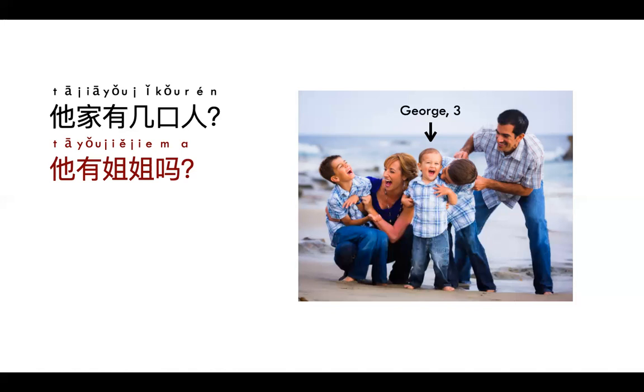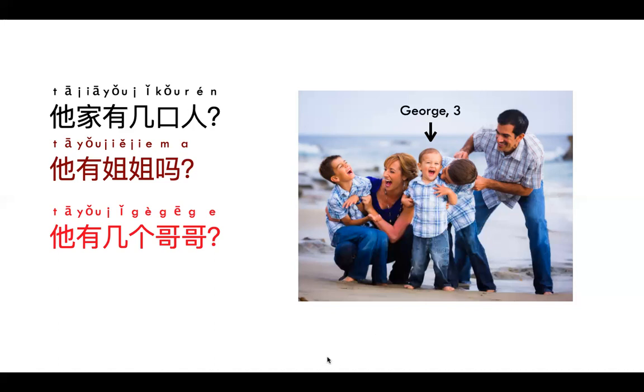So I would assume that definitely George doesn't have any sister either. So you can say 他没有姐姐, 他也没有妹妹. 他有几个哥哥? That's right. 他有2个哥哥. Use 两 instead of 二 in this sentence.